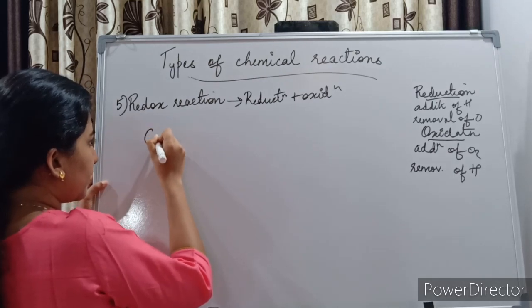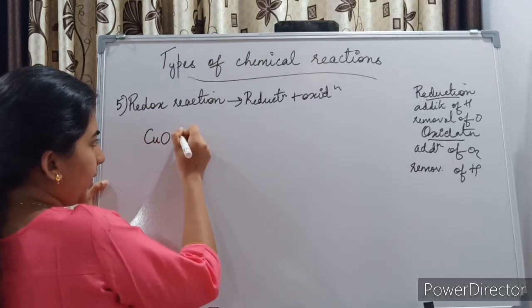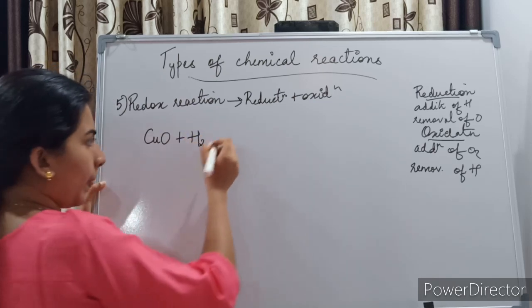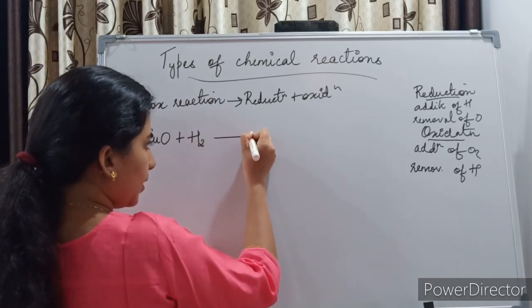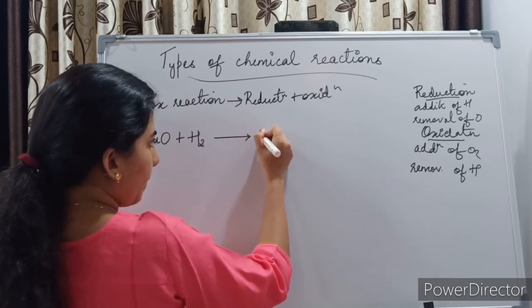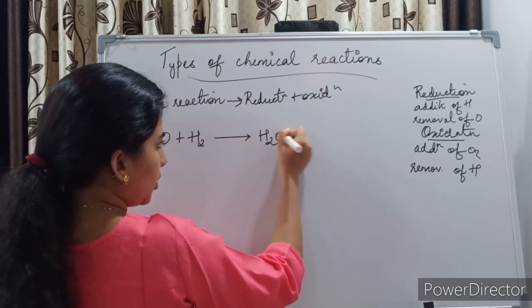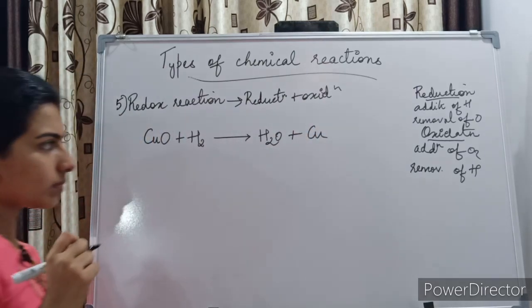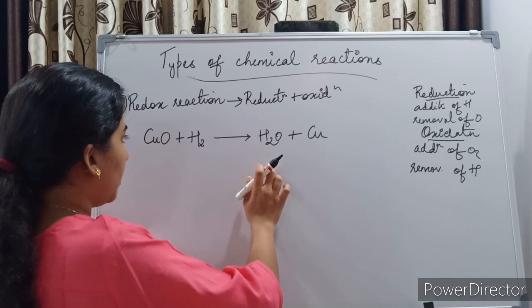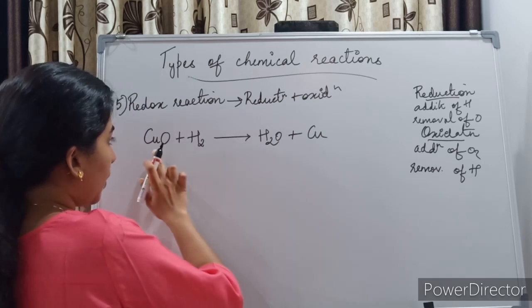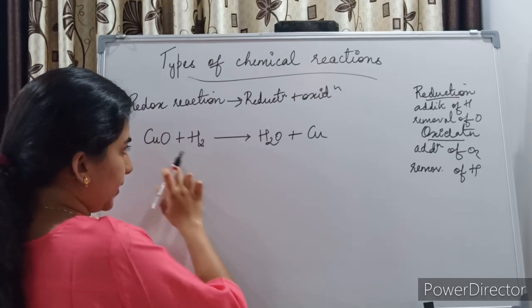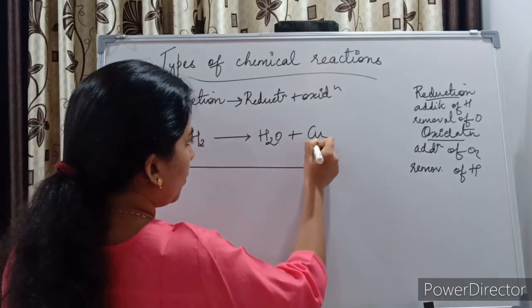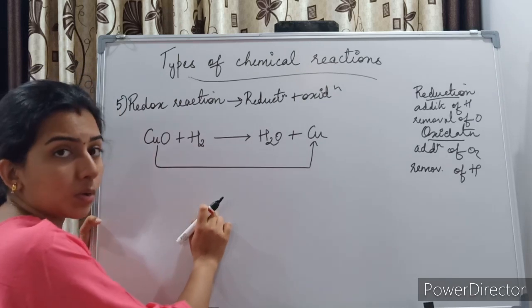Consider copper oxide plus H2. The products are H2O plus copper. Consider the reaction. Here copper oxide is getting converted to copper.